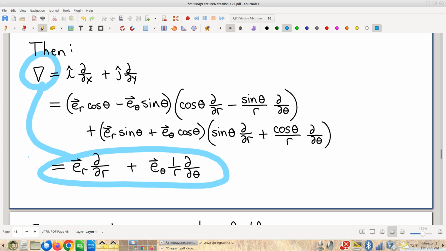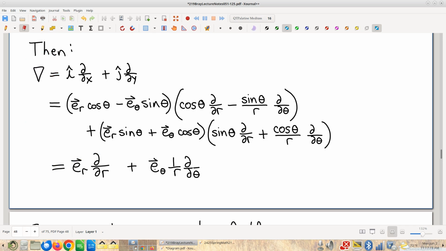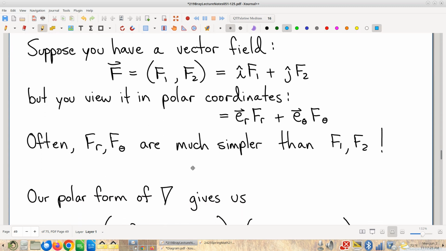This is a good formula to know exists and know where to find. I don't particularly advise memorizing it. Okay, alrighty. That wasn't that bad. Next one, kind of an extension.